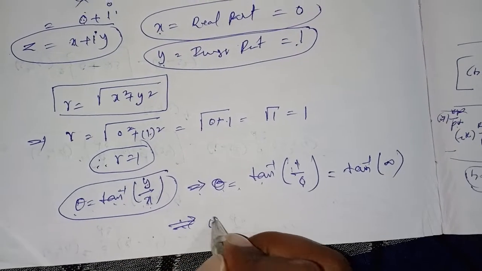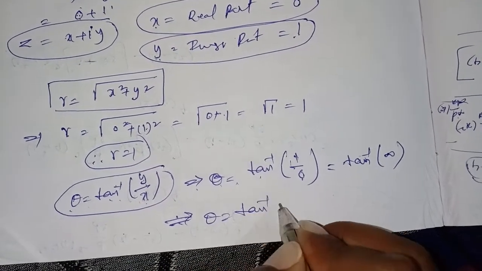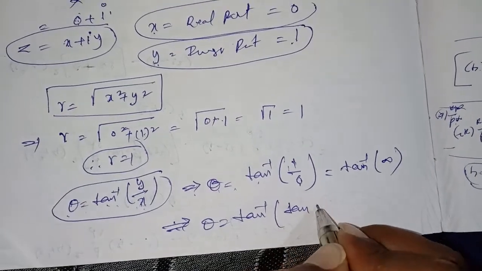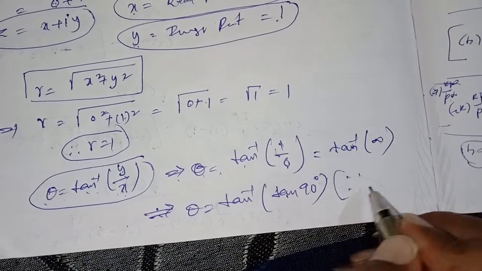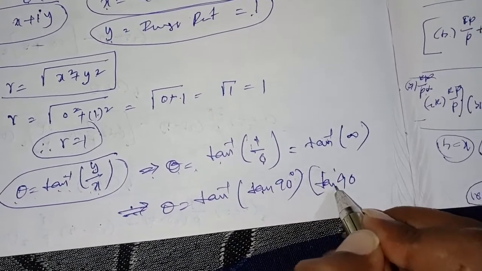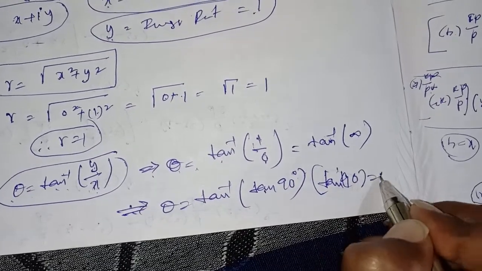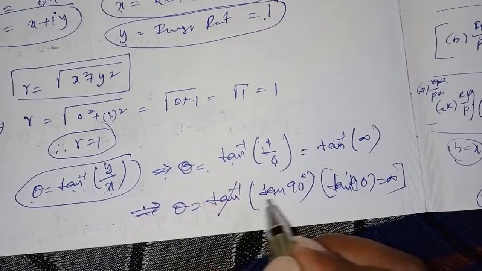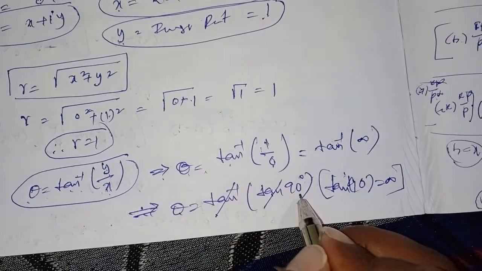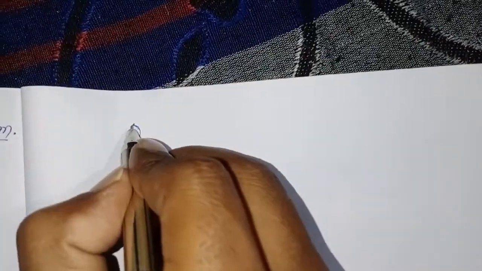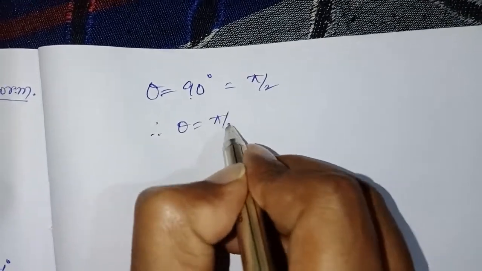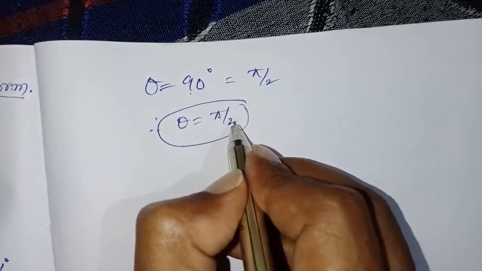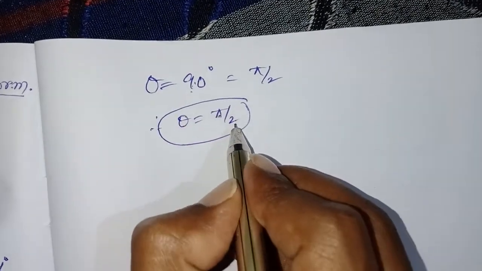Tan 90 degrees is infinity, so tan inverse and tan cancel, and theta is equal to 90 degrees. We may write 90 degrees as pi by 2. Therefore, theta is equal to pi by 2. Instead of 90, just write pi by 2.